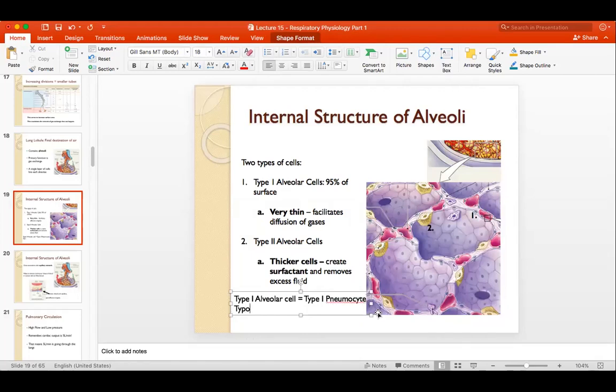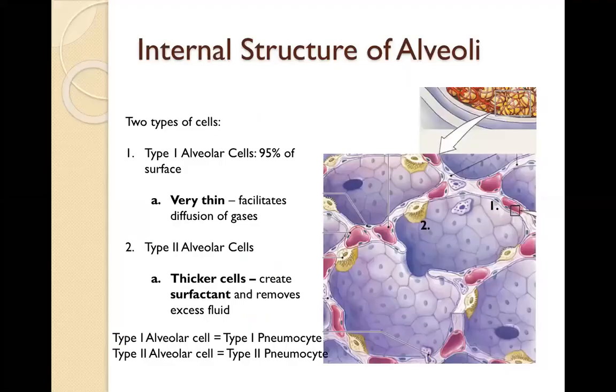It's the exact same thing for a type 2 alveolar cell, which can be referred to as a type 2 pneumocyte. That should be on your slide already. So those terms can be used interchangeably, and I could use them interchangeably on a test, so make sure that you know both terms. Alveolar cell and pneumocyte mean the same thing.